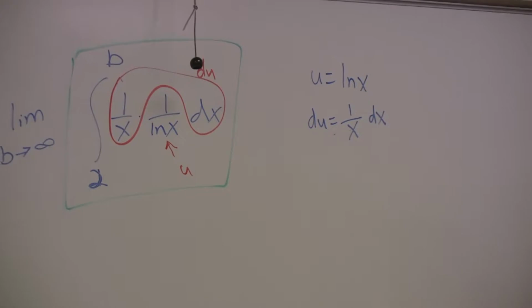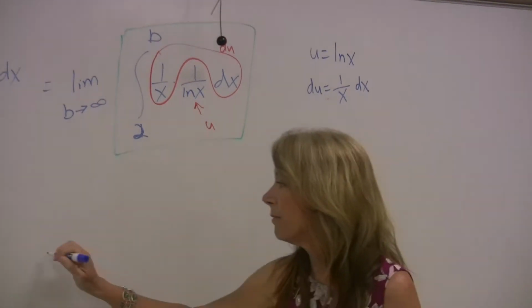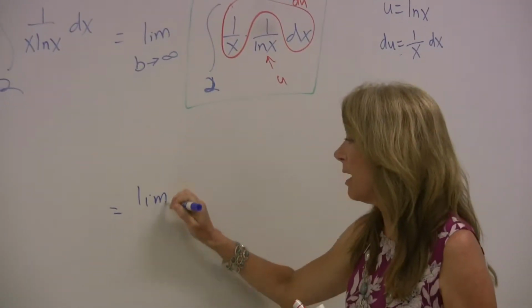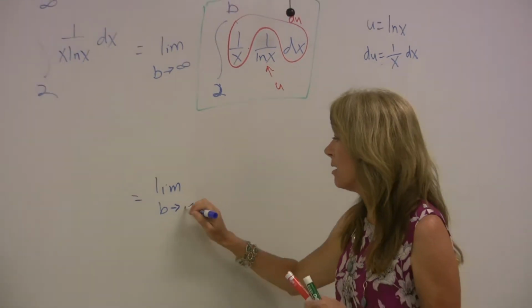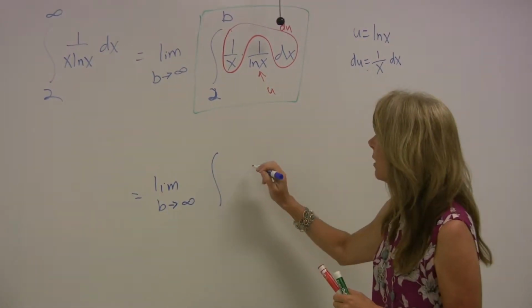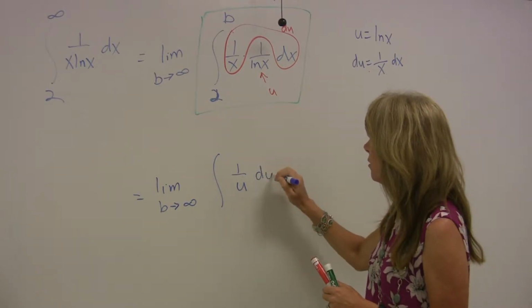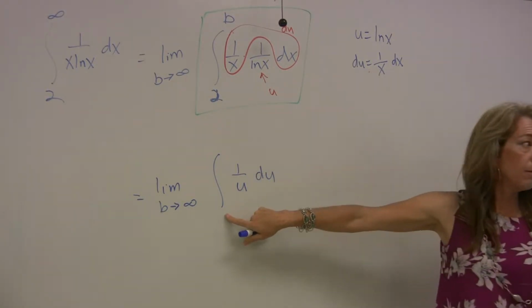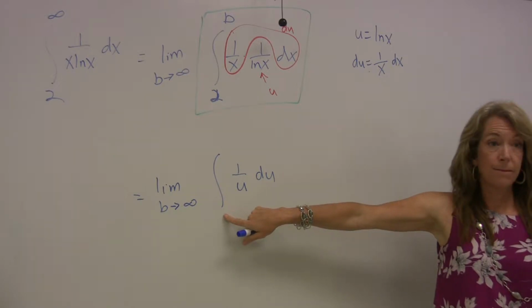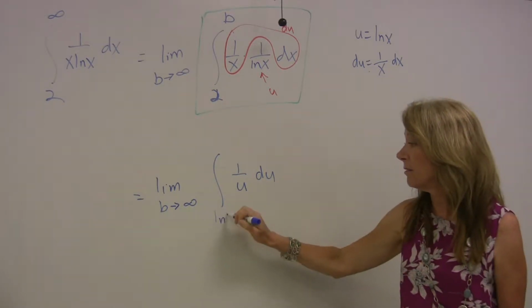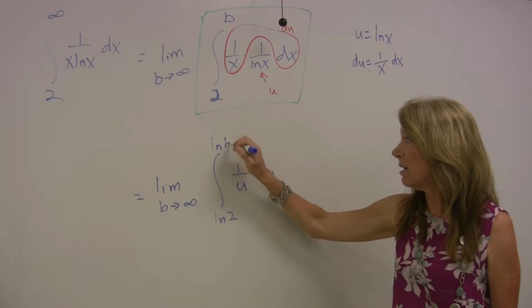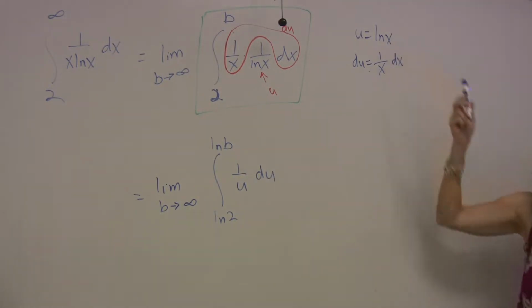Yeah. So I'm going to rewrite it then. The limit as b goes to infinity of 1 over u du goes here. ln of 2, ln of b, because u is ln of x.